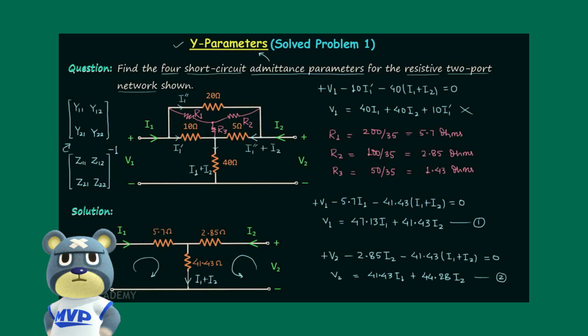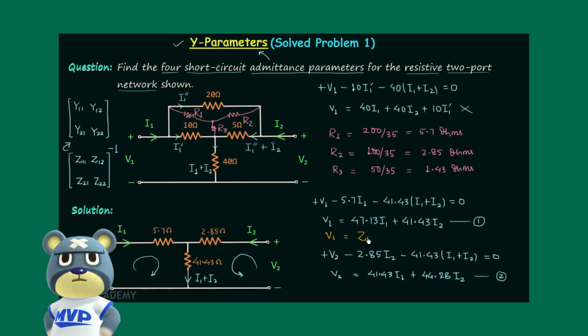Now we will compare the first equation with the standard equation V1 equal to Z11 I1 plus Z12 I2. So we are getting Z11 equal to 47.13 and Z12 equal to 41.43.